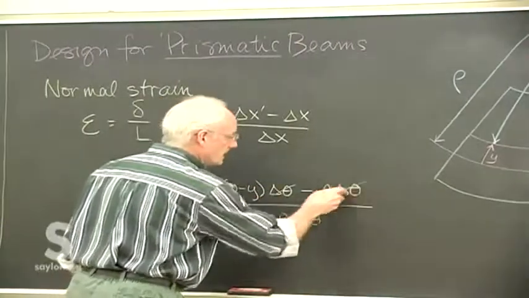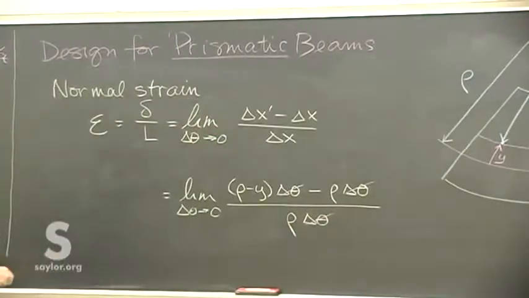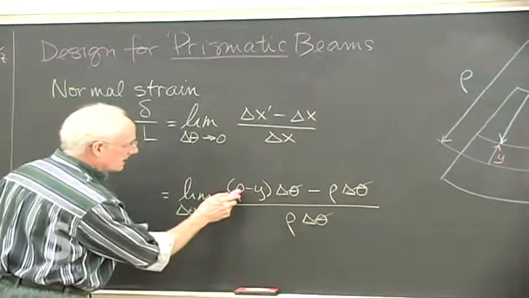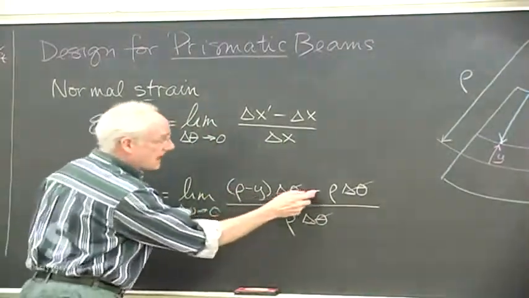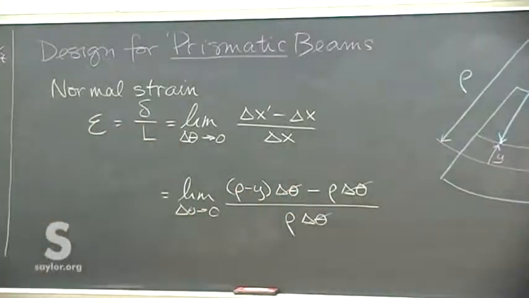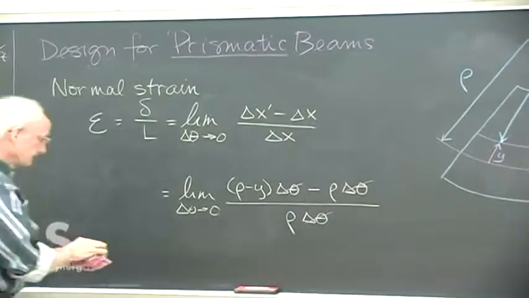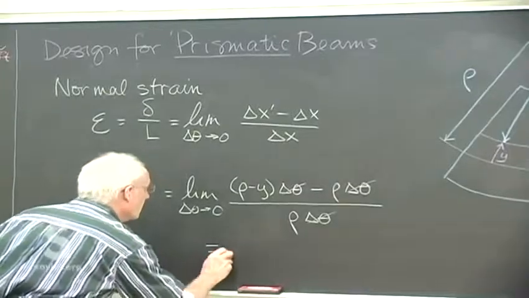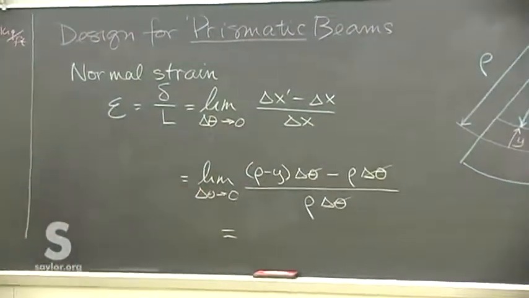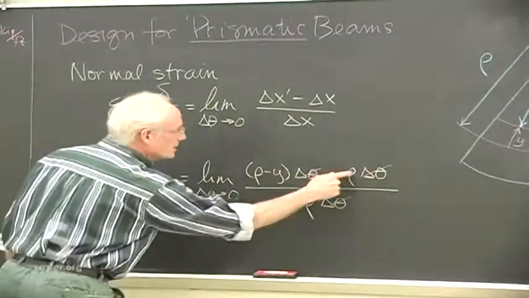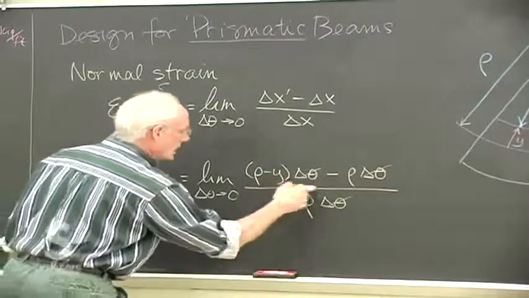Okay, delta theta cancels. We have a rho minus rho left over on the top. So rho cancels. We don't even need the limit anymore because delta theta canceled. So we get minus y over rho.